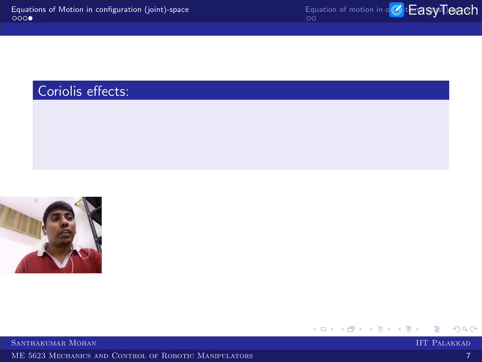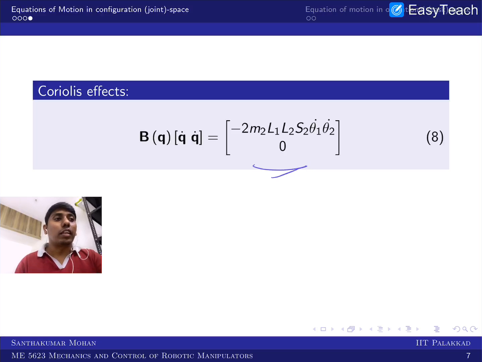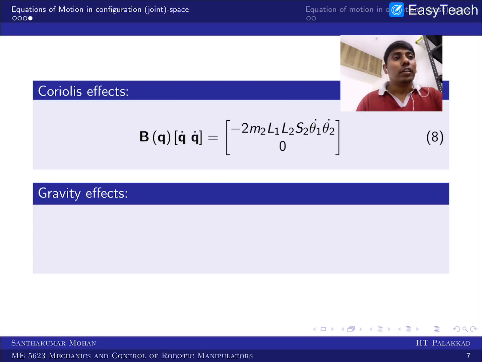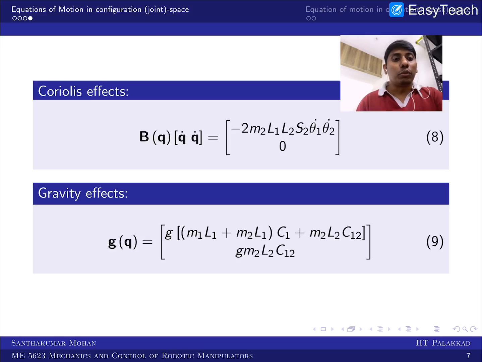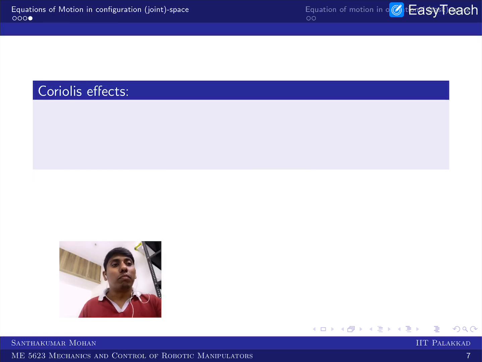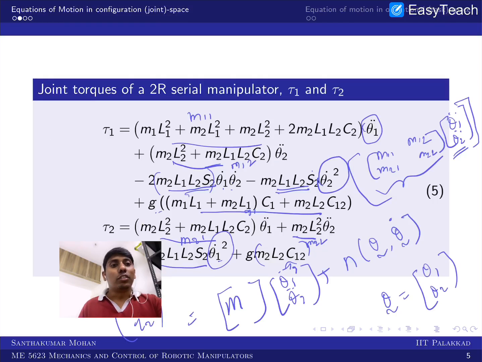The Coriolis effect, I can make separate, so this is the Coriolis effect, right? Further, if you do the gravity effect, that is g1, g2, then this is the gravity terms. So now we have done what we discussed earlier.